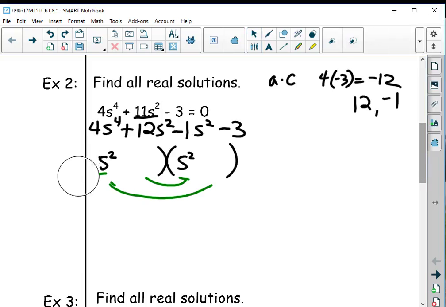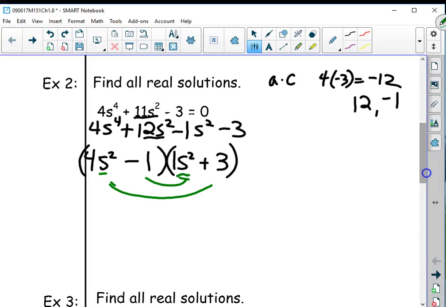Boy, that is not clear. And a 1s squared here. That 4, when I multiply it by a positive 3, will give me my positive 12s squared. And now I just have to figure out what I multiply 1s squared by to get a negative 1s squared. And I'm factored.